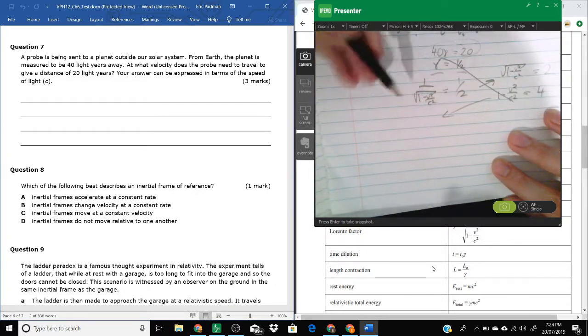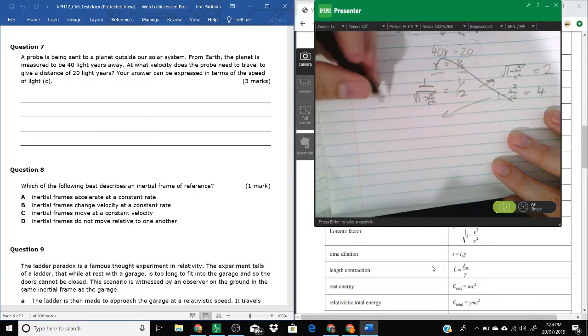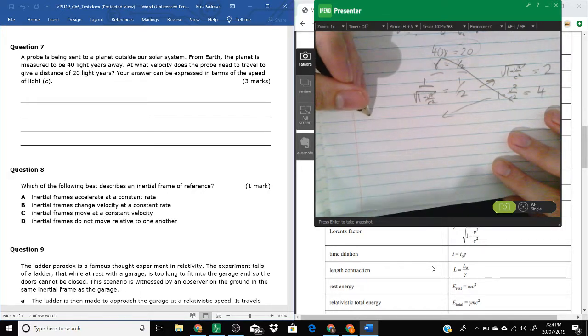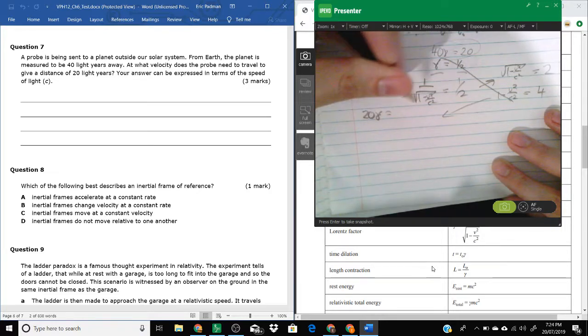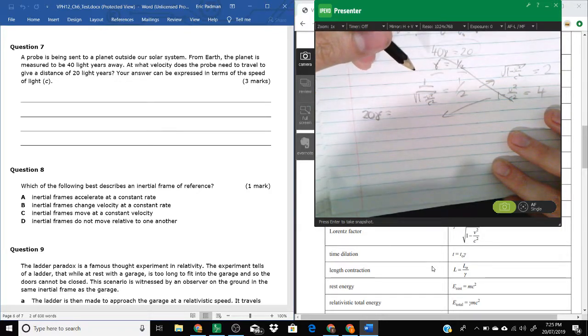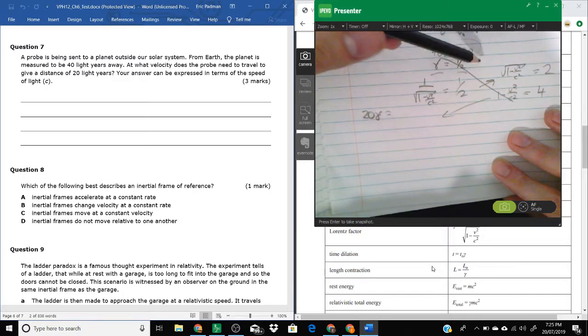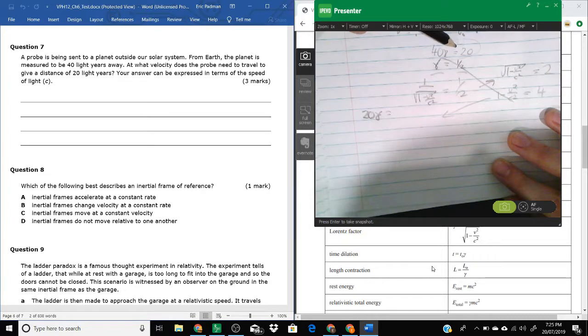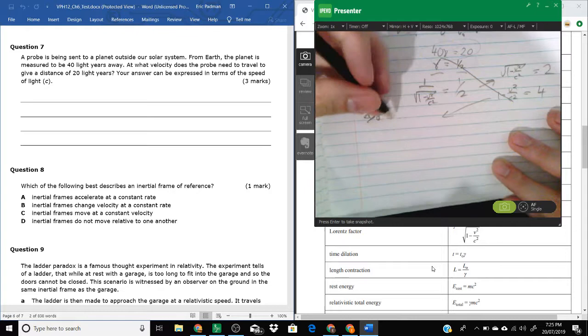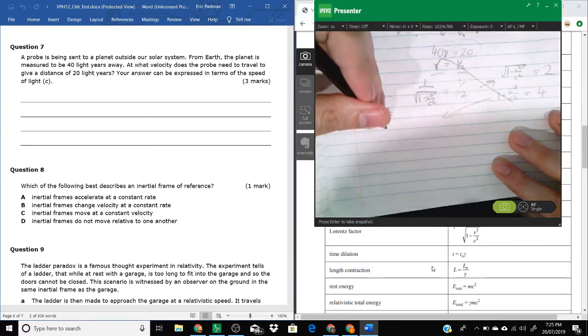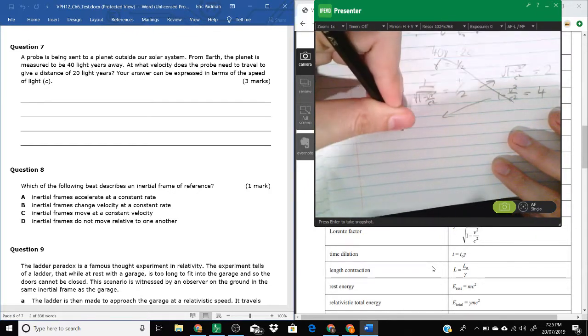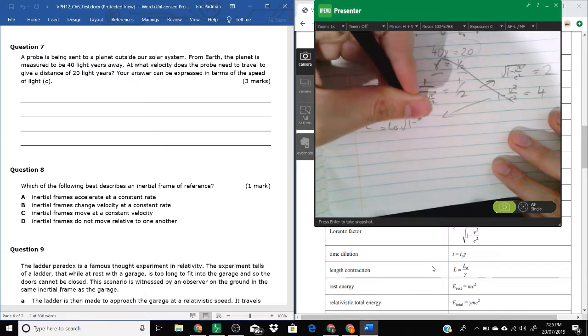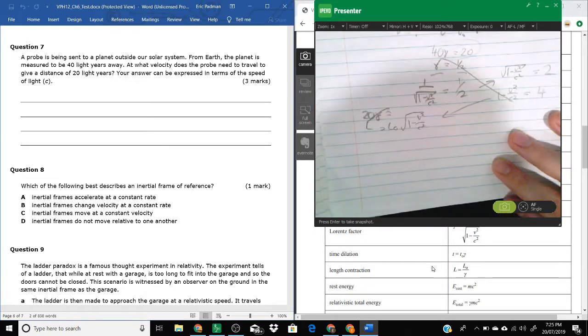Okay, let's just scrap that and go from here. L equals L naught times the square root of 1 minus v squared on c squared.